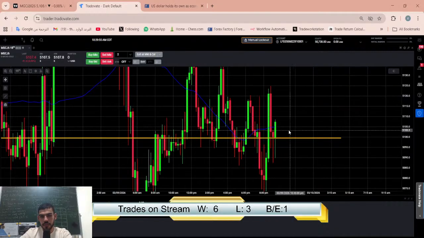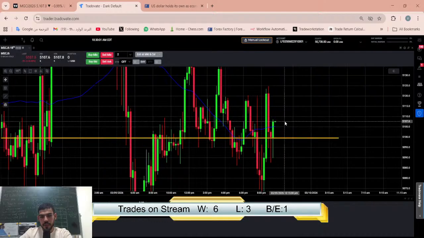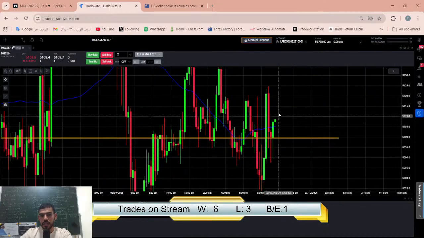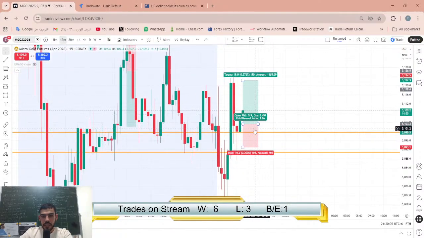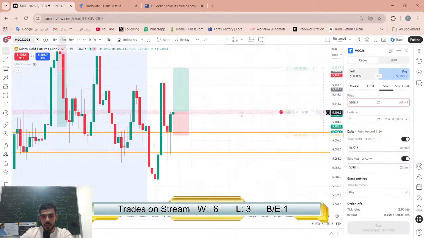7 seconds, 6, 5. Give us bigger stop wick. All right. So now we want to see this candle break the high and create a bottom wick, and we will enter on the rebreak of the high. Buy stop.